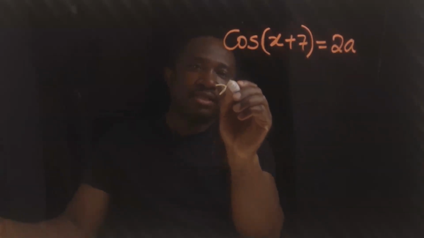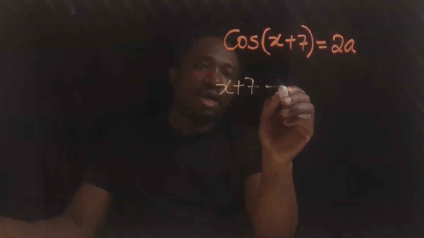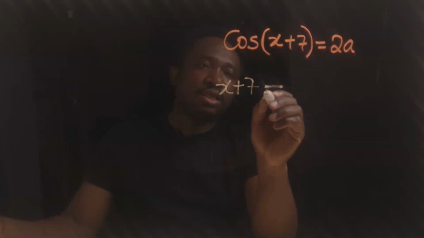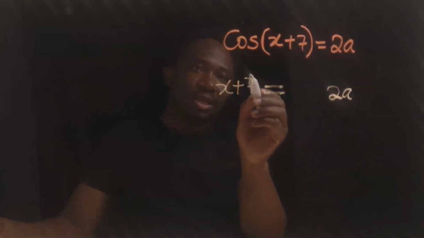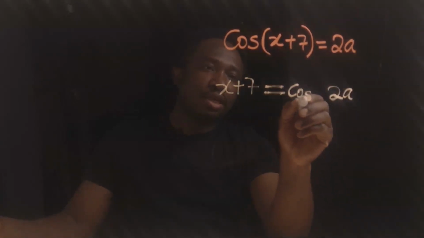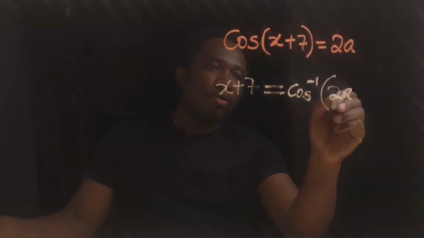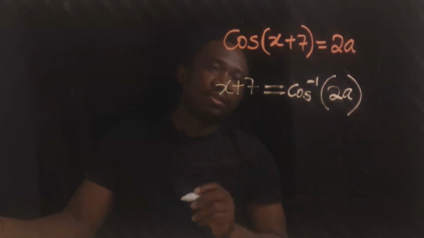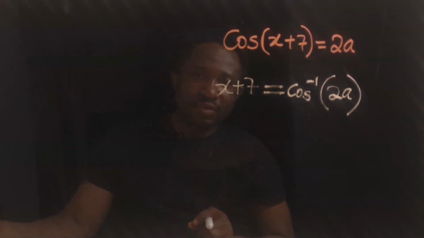If I have x plus 7 on this side, on the other side I got 2a. If cosine moves across the equal sign, it will become the cos inverse of everything on the other side. Now x plus 7 is free.